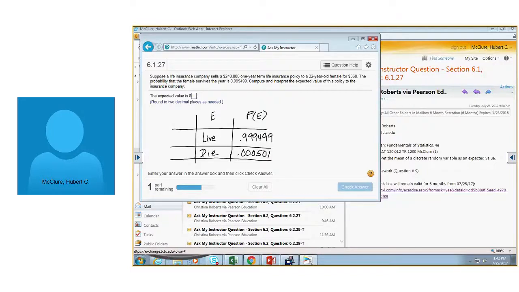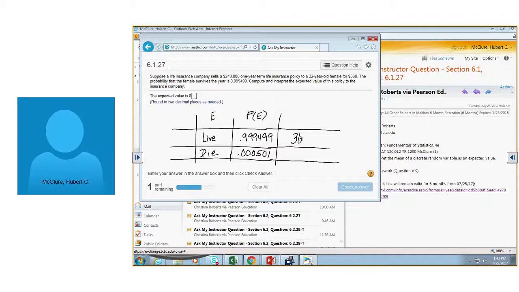Now you need to think about what happens to the life insurance policy. If you live, you're out $360. So I'm going to put over here, the insurance company takes in $360.